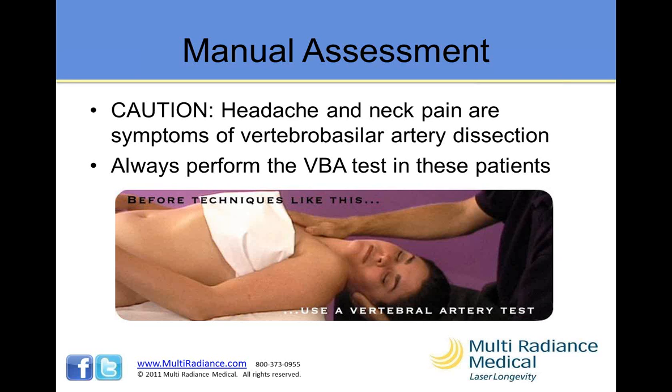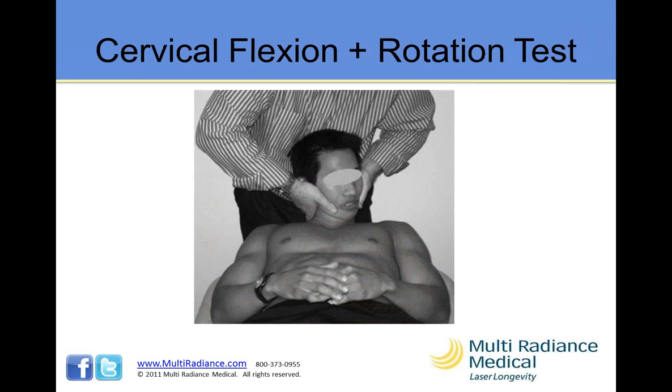If you have a patient presenting with the two symptoms at the same time, we always need to perform the VBA test to rule out some type of vascular problem at the base of the head where that vertebral basilar artery goes. Now, not all of these patients with cervicogenic headaches are going to be at risk for a stroke. We just need to make sure that we're ruling that out as one of those red flags before we go any further with our assessment.